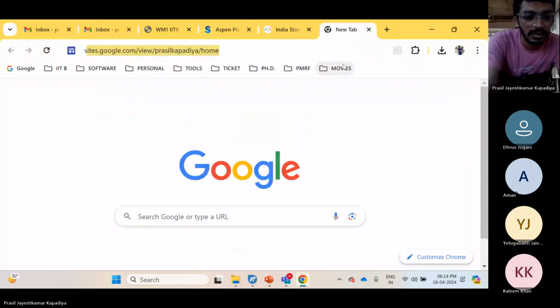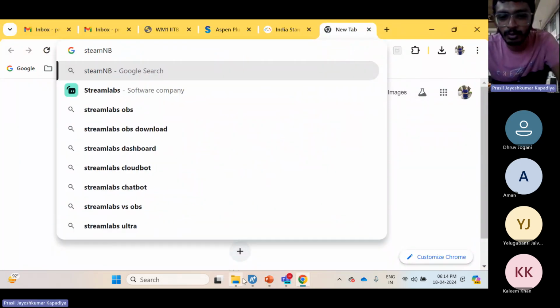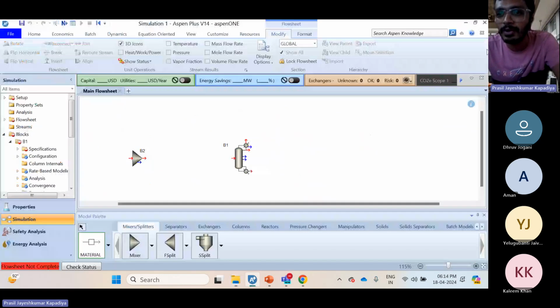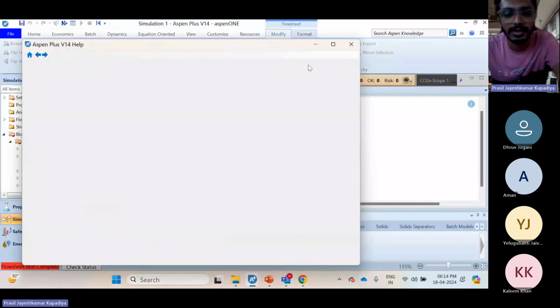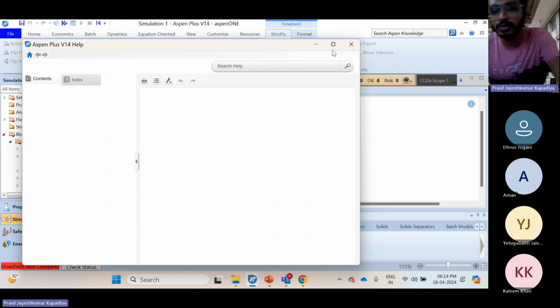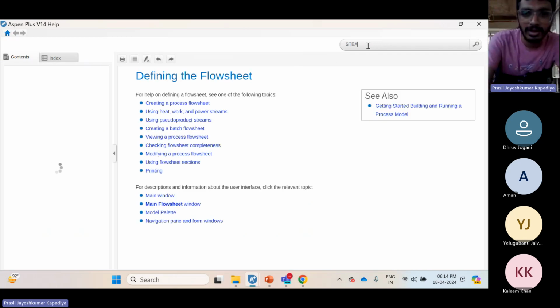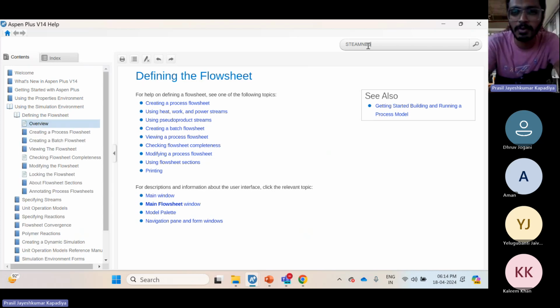Steam and we okay. Why are we going on Google? We have the Aspen help window. Okay, let's search there only. It is used for a temperature range from 298 and up to 1000 bar pressure, and it is based on a 1974 steam property table.